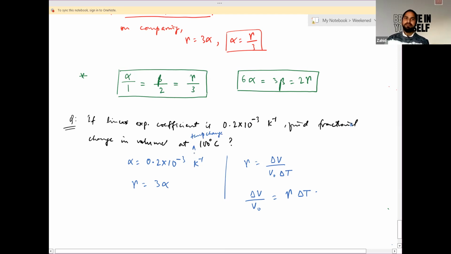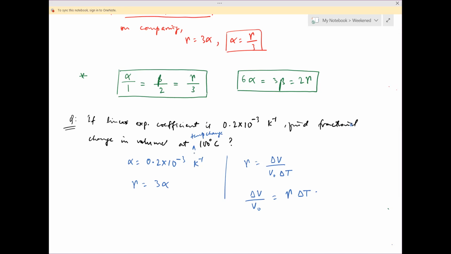You may write that temperature changes 100 degrees Celsius. Saifullah, any doubt? No. Okay.